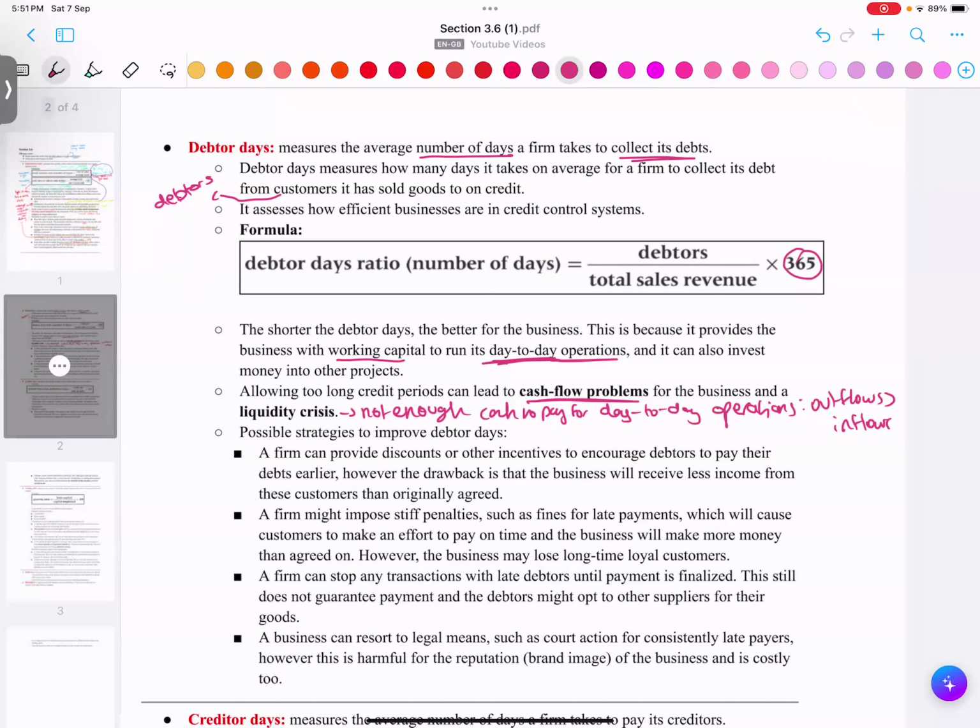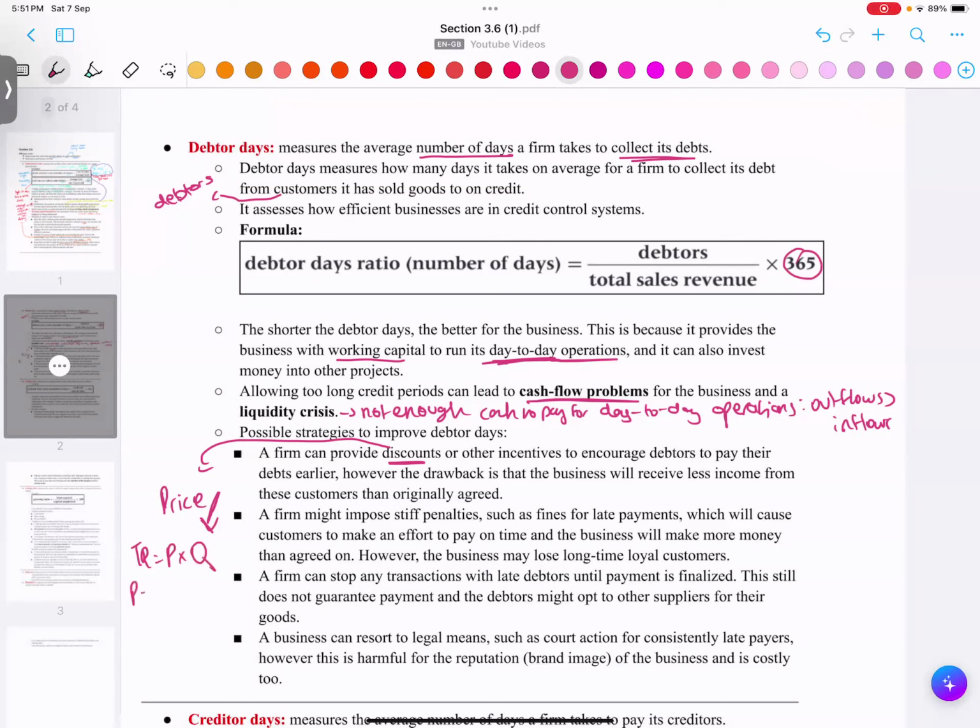Possible strategies to improve debtor days. A firm can provide discounts or other incentives to encourage debtors to pay their debts earlier. However, the drawback is that the business will receive less income from these customers than originally agreed. Discounts basically mean the price will decrease, right? And total revenue is price times quantity.